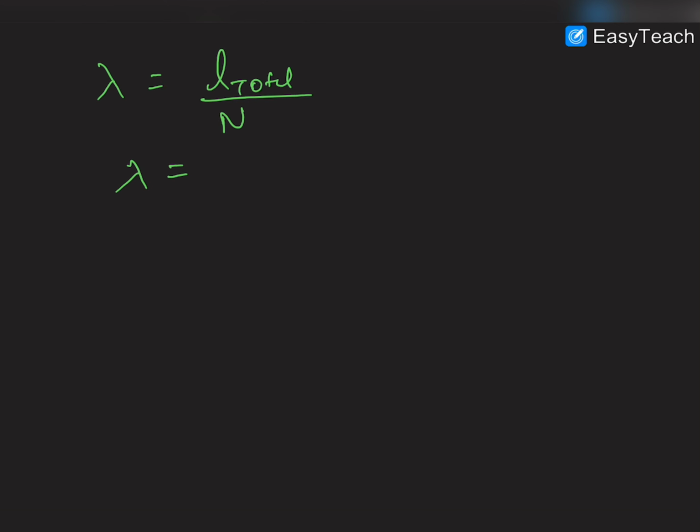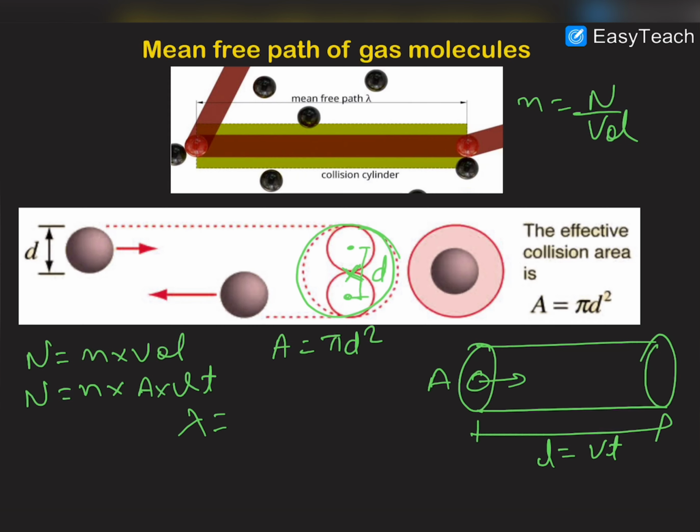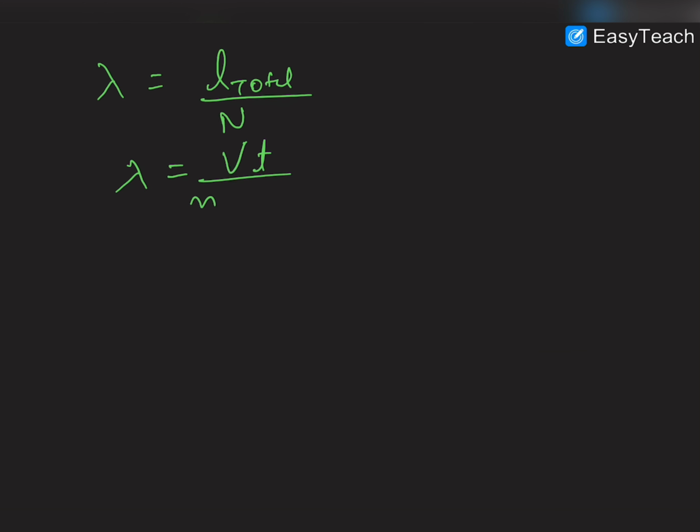So mean free path lambda will be vt divided by n A v t.